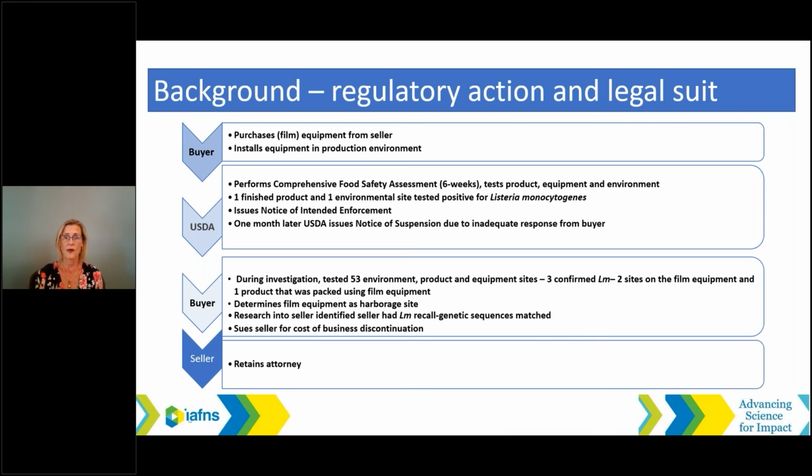Once the notice of suspension was given, the plant hosted an investigation and tested 53 samples, and 3 were confirmed for LM: 2 in the equipment and 1 in the product that was used for that equipment. They determined that the equipment was a harborage site, then researched the seller and found that the seller had a recall for LM. So then they sued. Next slide, please.